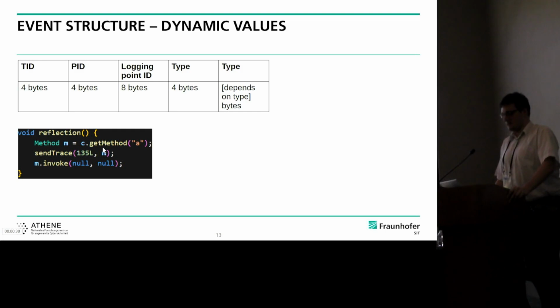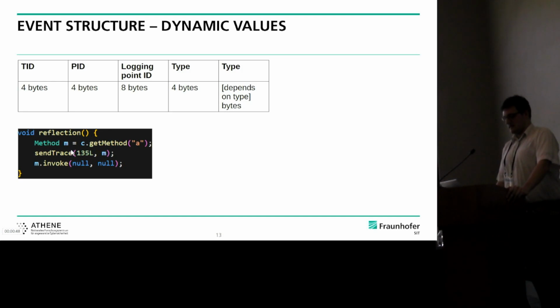As reflection can be used to call essentially any method whatsoever, it is rather interesting from an analysis standpoint, because resolving reflection is very important so that the analysis can understand what the program is actually doing at this point, because any arbitrary function could be called.